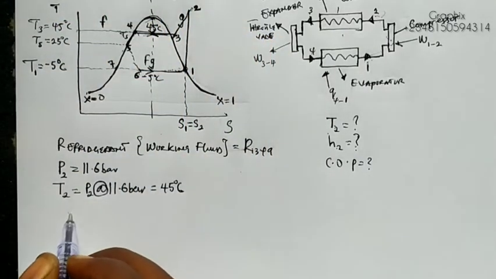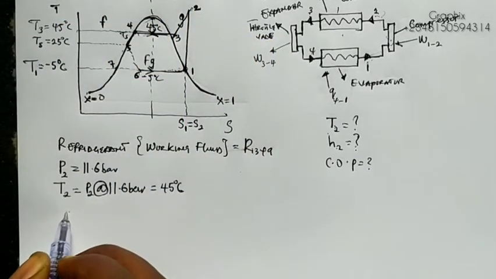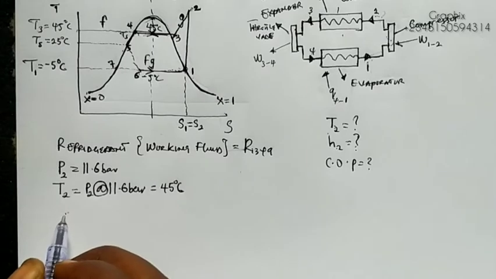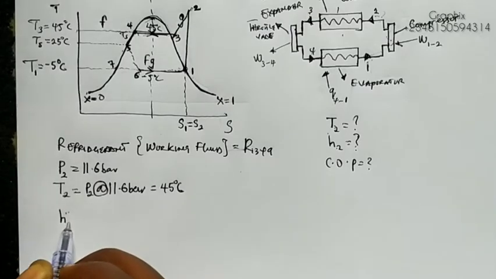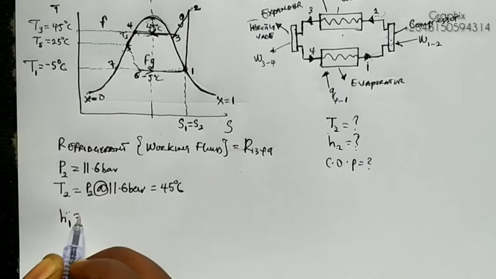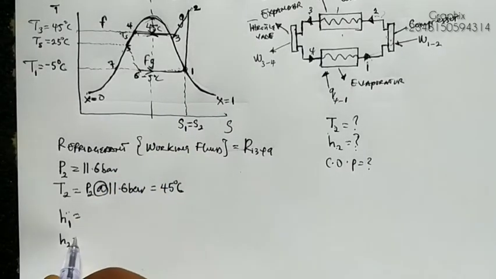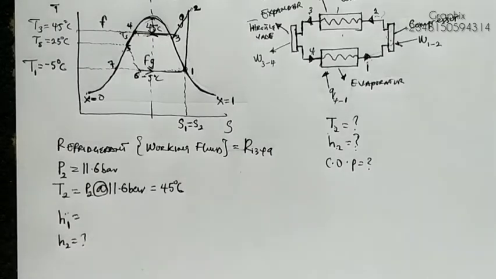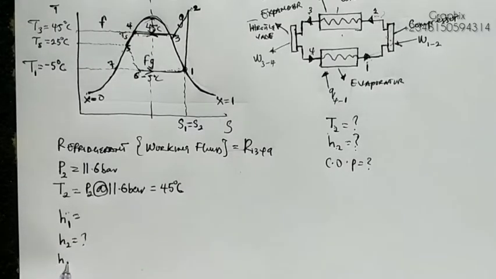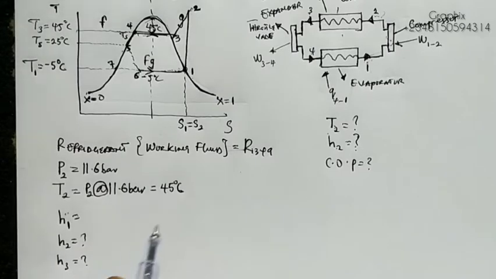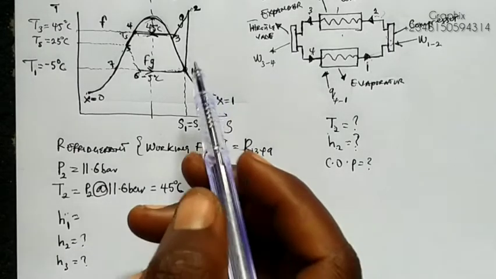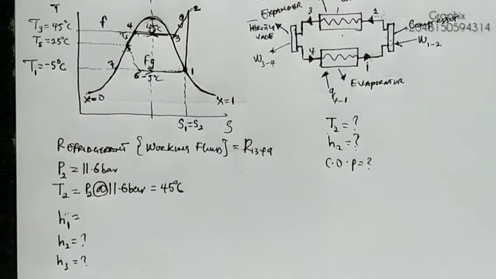So that's all right. The enthalpy at state 1, we'll look for that. The enthalpy at state 2, we'll look for that. The enthalpy at state 3, we'll look for that, right? But we cannot really look for that also.